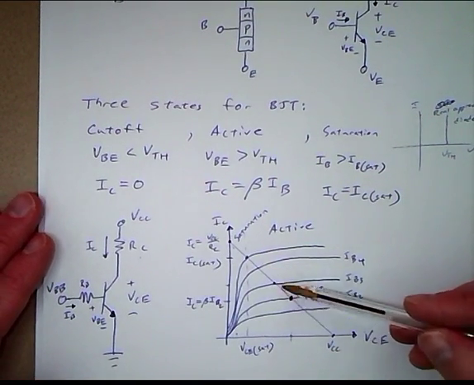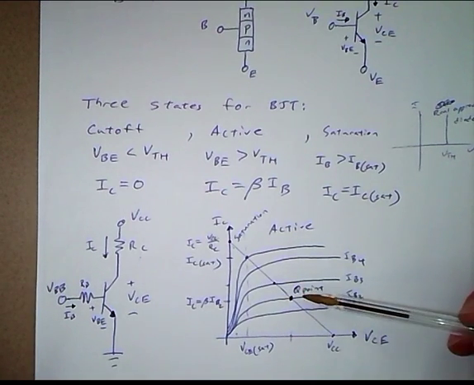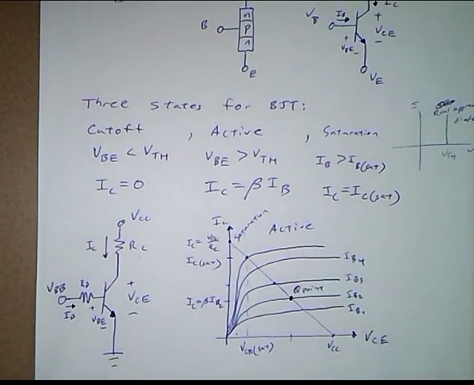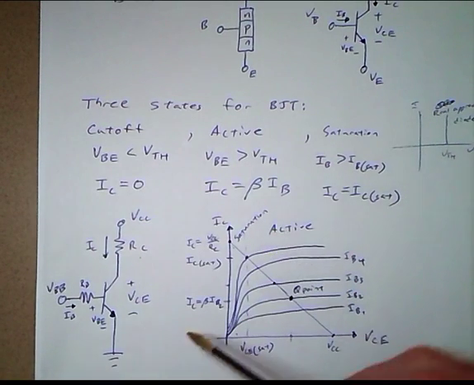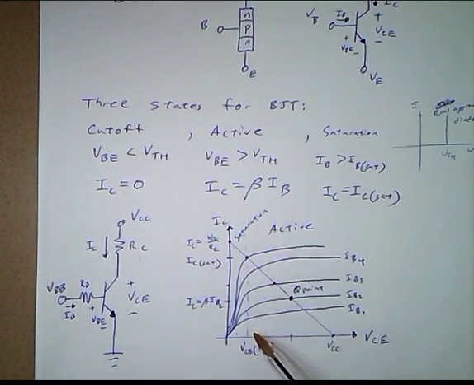A small current change here makes a big current change in IC. And then in the saturation region, we've reached our IC sat, and so changes in IB over that value don't change IC sat, or the collector current.